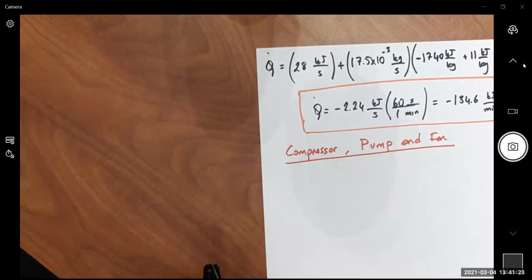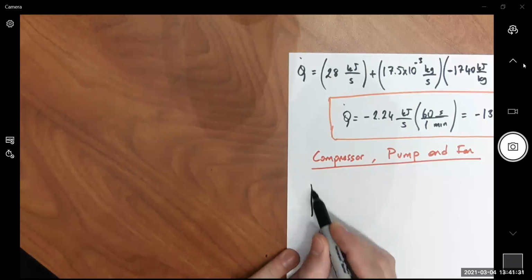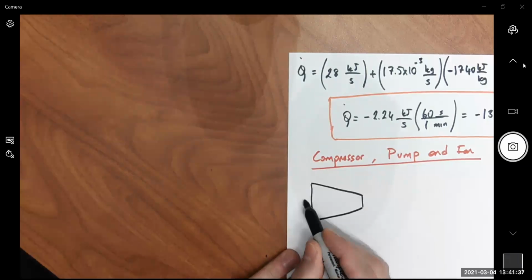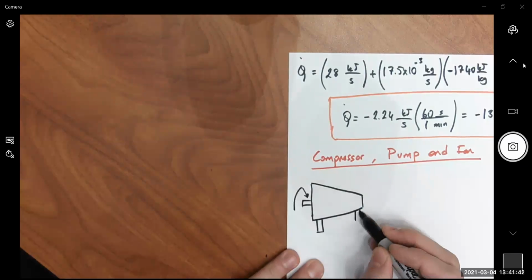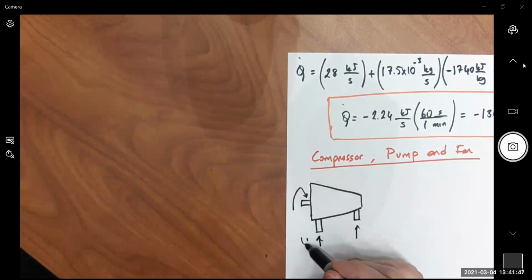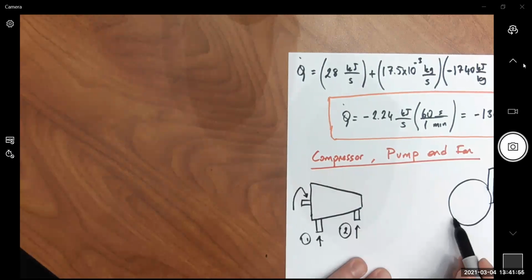The work in this case is negative. This is the schematic of a compressor, with one inlet, one outlet. And this is a pump, one inlet, one outlet.